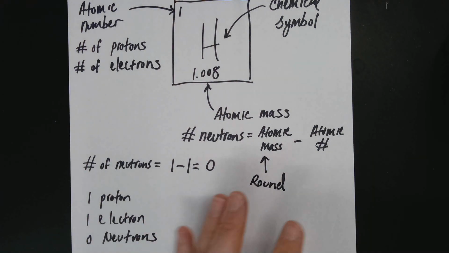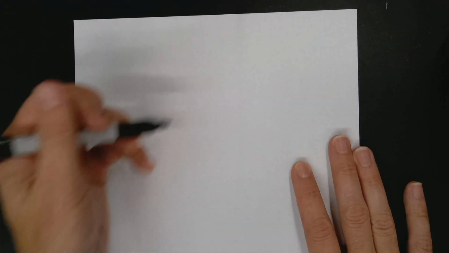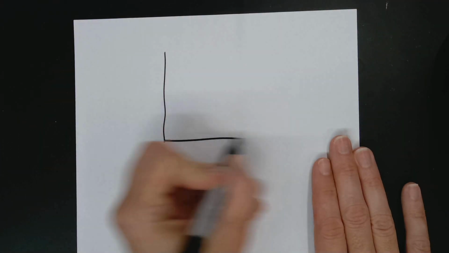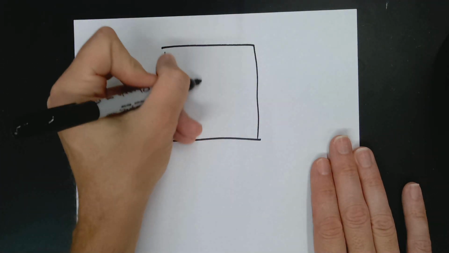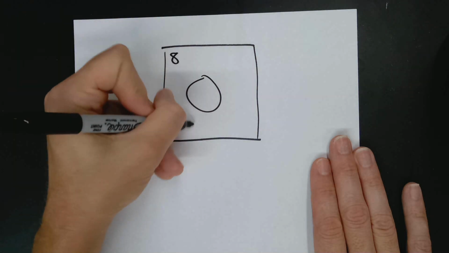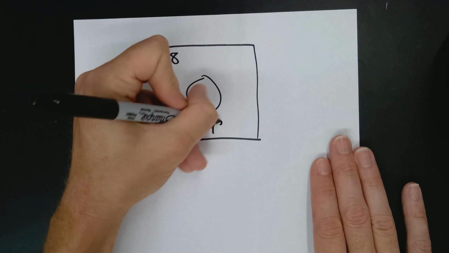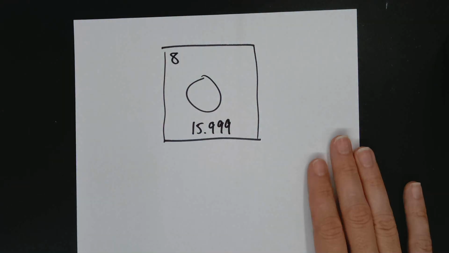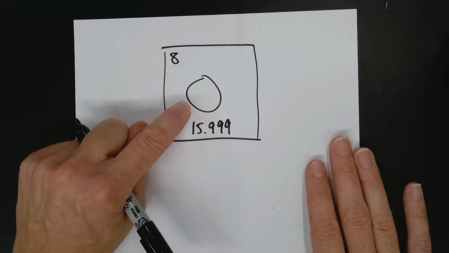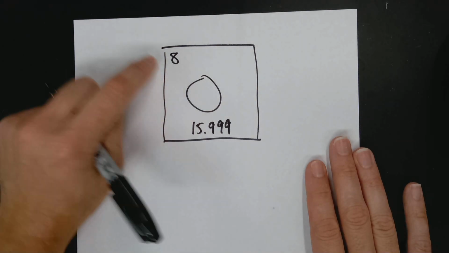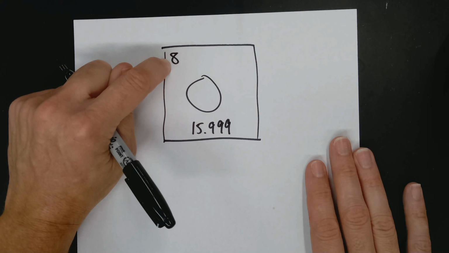Let's look at another example. Let's look at oxygen. Okay, so for oxygen, the chemical symbol is O. The atomic number is 8.